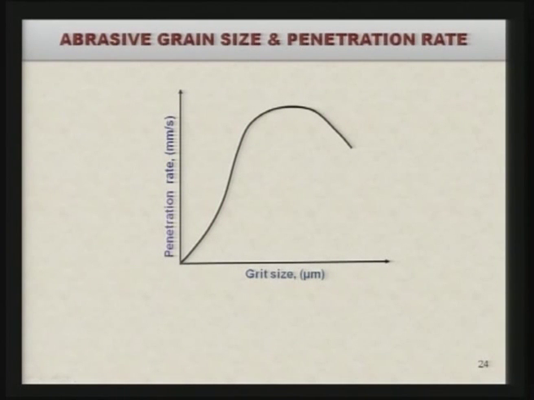Now, grit size is another important parameter which affects the penetration rate. As grit size is increasing, there is an optimum value of the grit size where you get the maximum penetration rate in terms of millimeter per second.